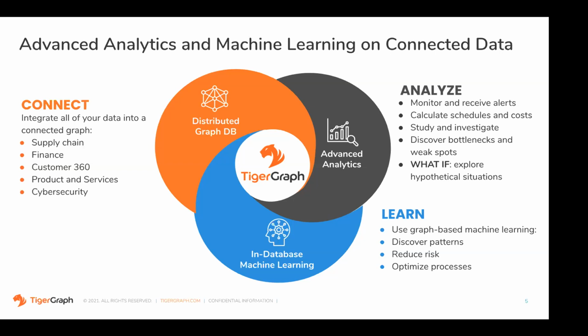And this is where TigerGraph's distributed parallel computation with built-in aggregation becomes really important to be able to do that analytics performantly. So understand what is happening in my business, to really characterize it, to look deeply, to follow multiple connections within the graph, to do that deep investigation, identify bottlenecks and weak spots, to do optimization, to set up alerts, look for particular patterns.